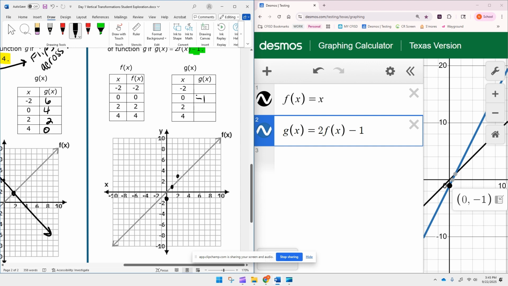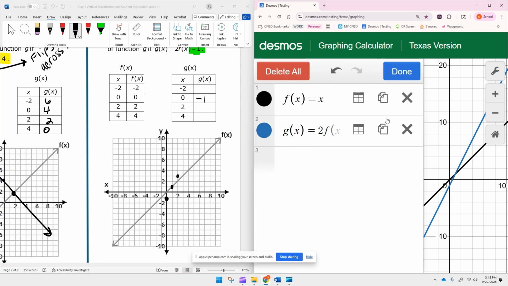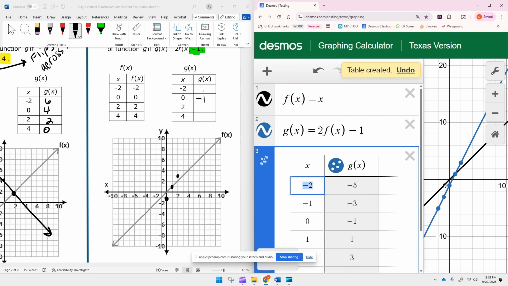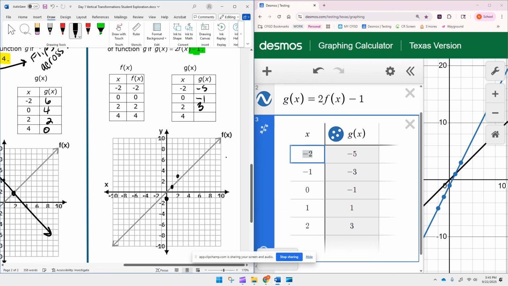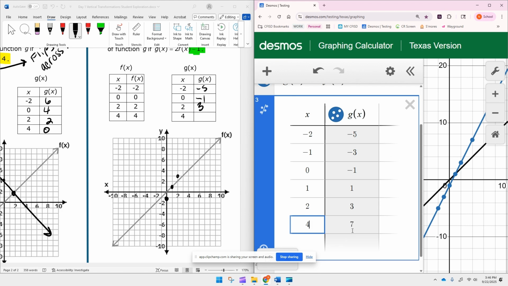So think about when we've got -2, if we convert this to a table, we've got -5. When x is 2, we've got y is 3, and x is 4, we got 7.